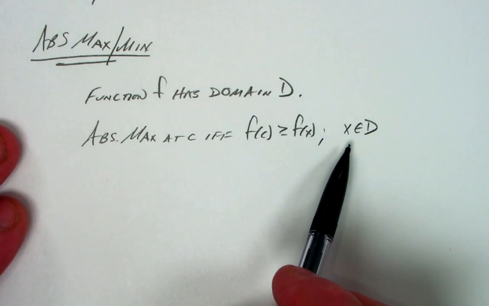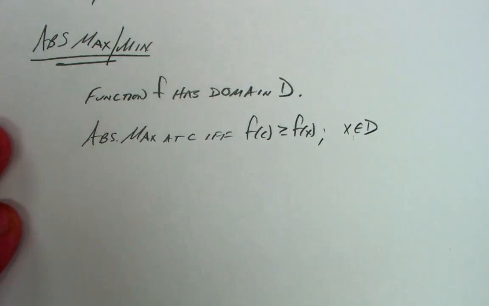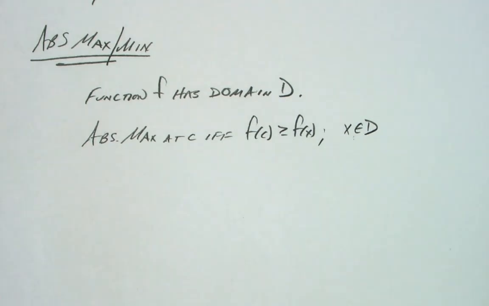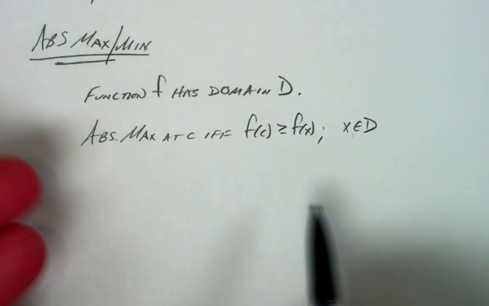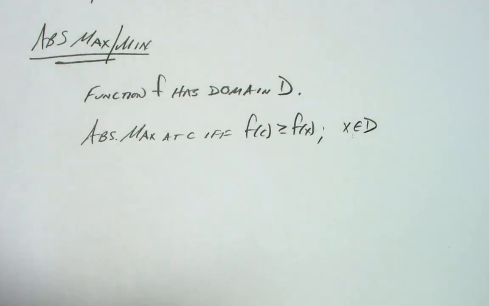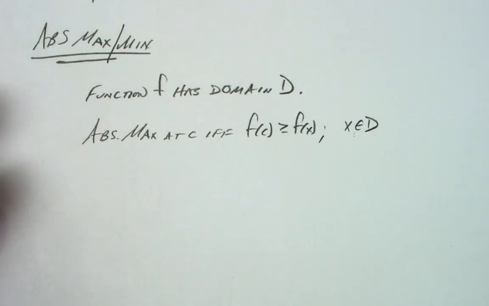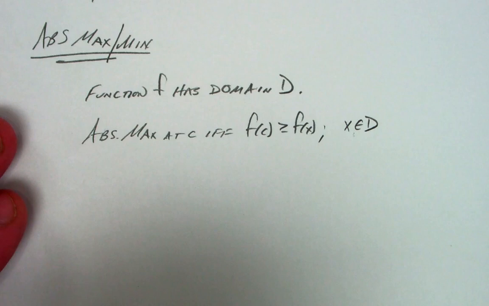This symbol right here, this little E thing, that means is an element of, or that are in. Okay? And that should be pretty straightforward. It's an absolute max, which means bigger than everything else that we can plug in our domain. Kind of duh, right? Okay?